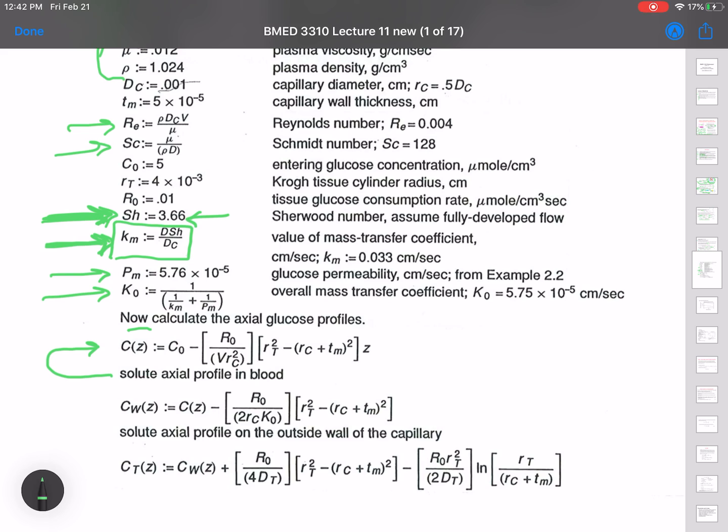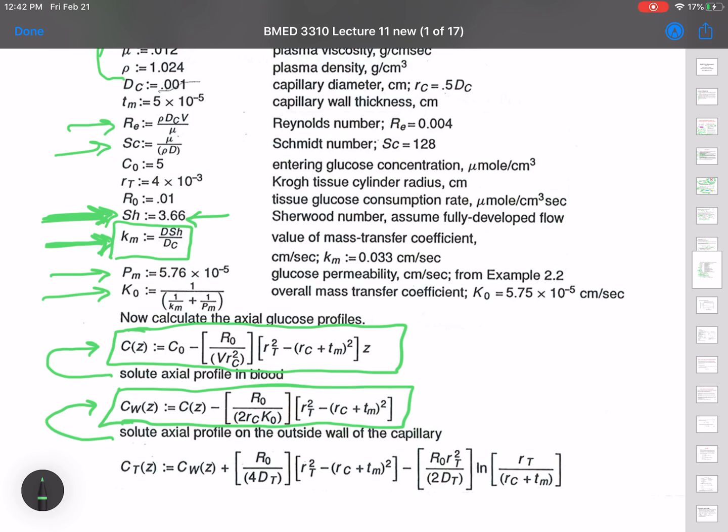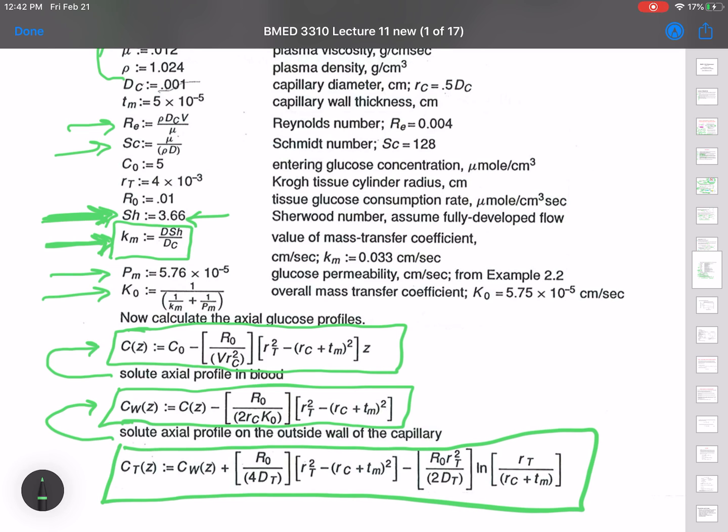It's kind of upside down. First we're going to use one of our relations to find the concentration in the blood, then we'll use this one to find the concentration of the solute in the tissue, but right up against the wall. And then we just plug that in to find the concentration in the tissue as a function of C.